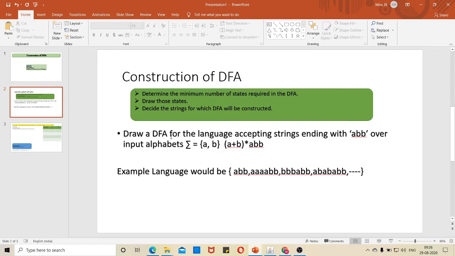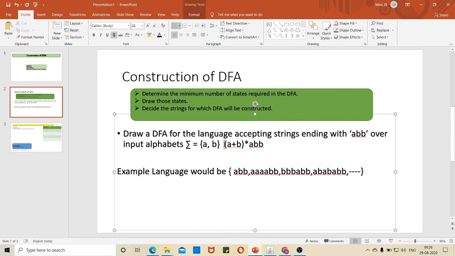Draw a DFA for the language accepting the strings that end with ABB over the alphabet {A, B}. I have written this problem as a regular expression: (A+B)* ABB. It means that the strings will end with ABB. In front of the string, it can have any number of A's, any number of B's, or it may not have any A's or B's.